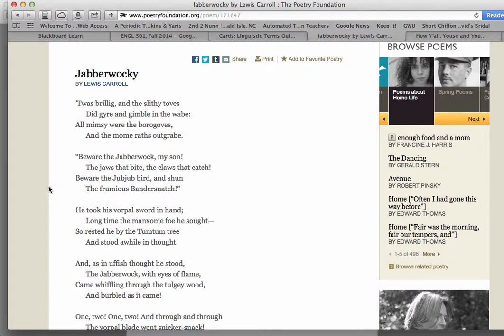Linguistics, through some of the concepts and theorists such as Ferdinand de Saussure, who is introduced in our reading this week, and Noam Chomsky, they're kind of the godfathers of linguistics.